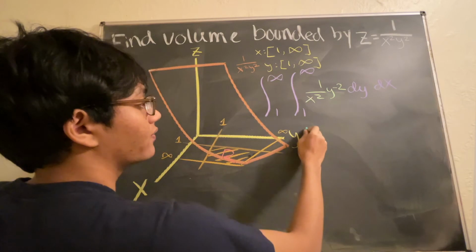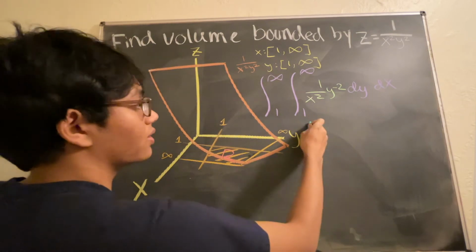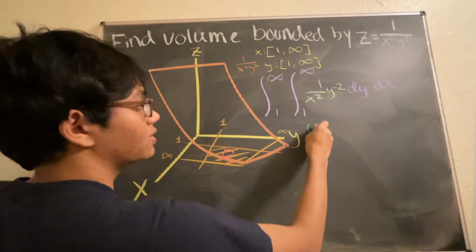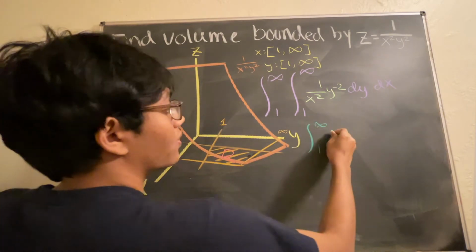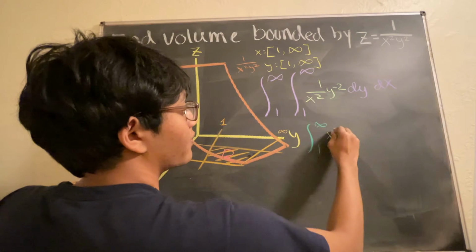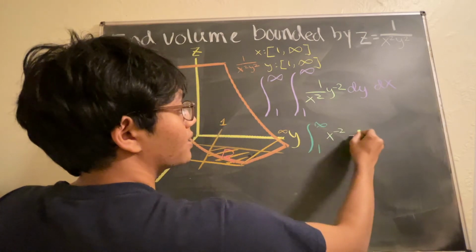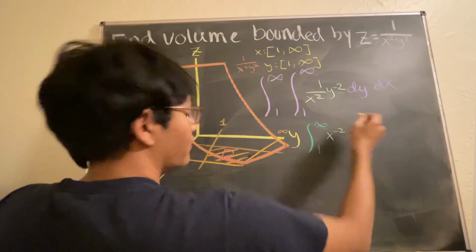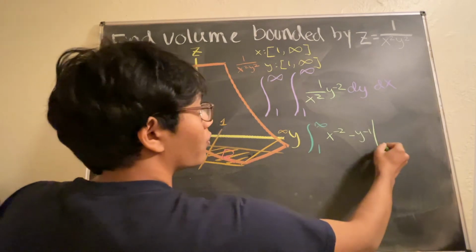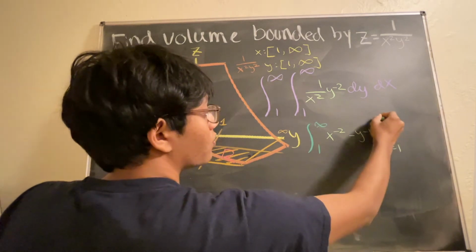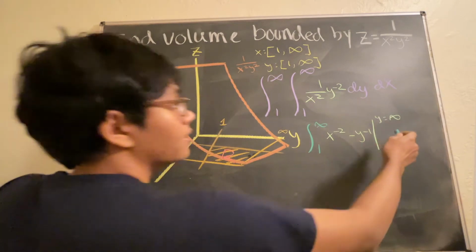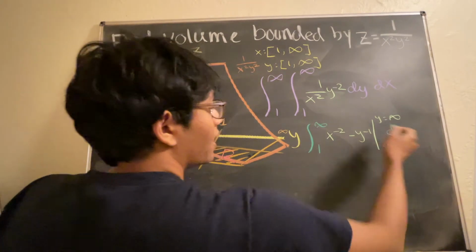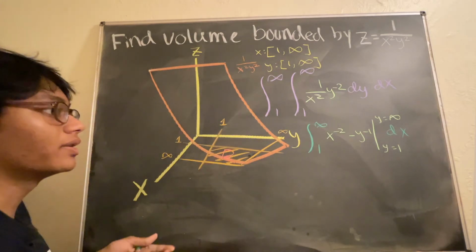So I'll have the integral from 1 to infinity, and inside I'm going to have x to the negative 2 times minus y to the negative 1 evaluated from y equals 1 to y equals infinity, and on the outside I'll be integrating with respect to x, since I already did the y part.